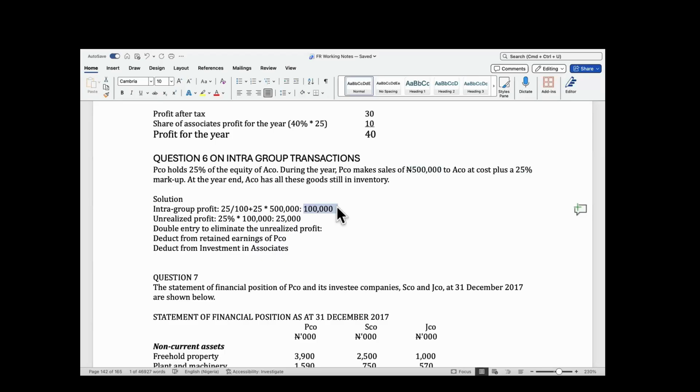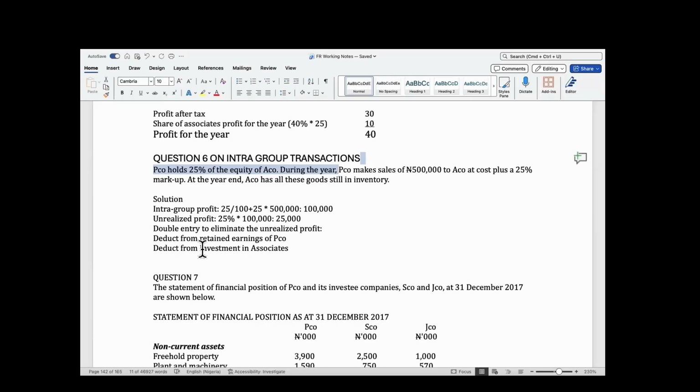However, the unrealized profit that you eliminate is to the extent of your holding in the associate. You own 25% in the associate, so it's only 25% of this profit that you eliminate, which is 25,000. Now, since it was the parent that sold, the inventory is with the associate, so you cannot eliminate the unrealized profit from inventory.